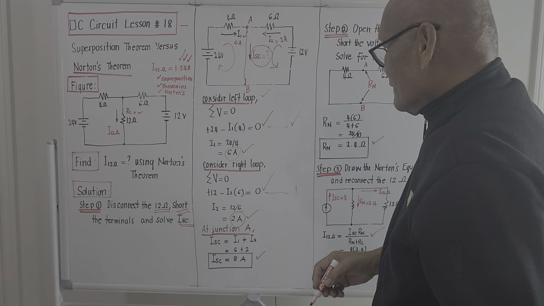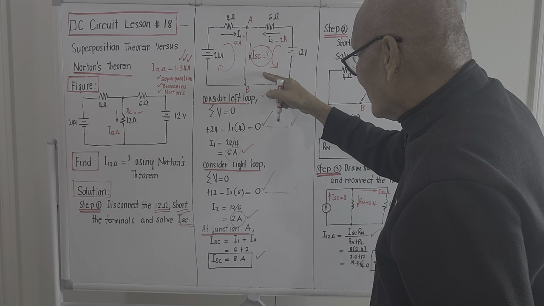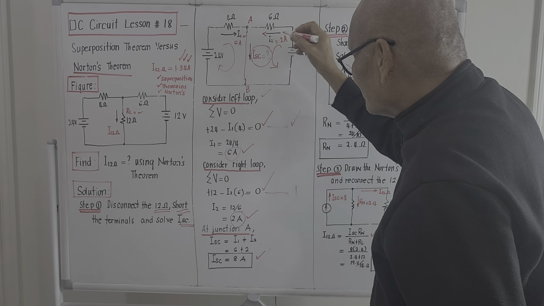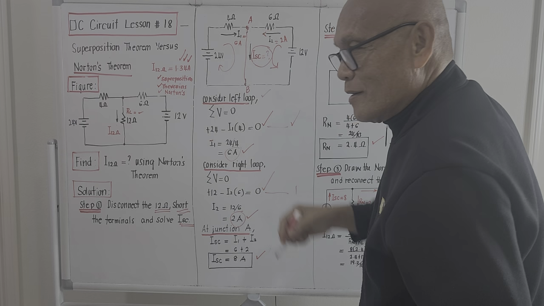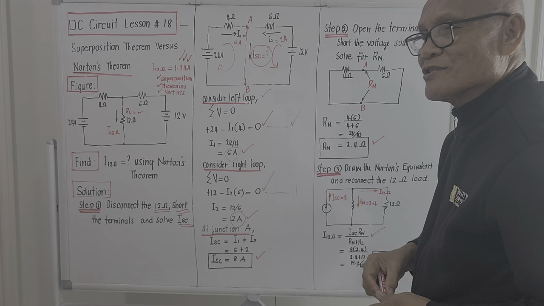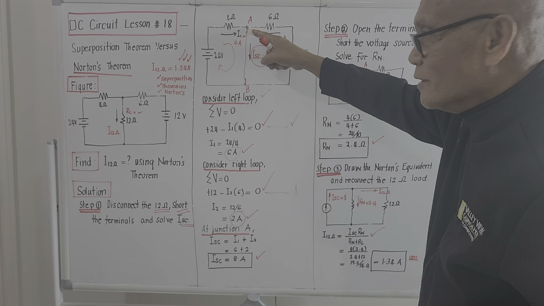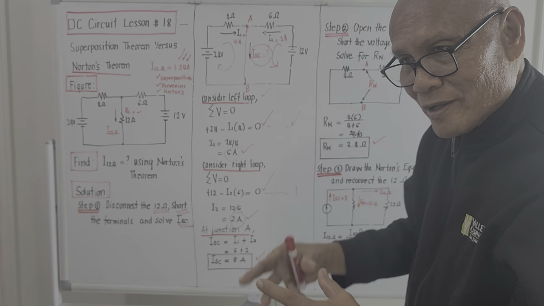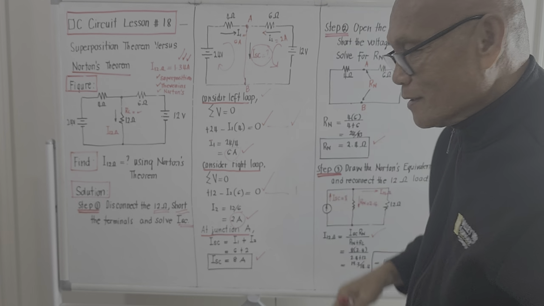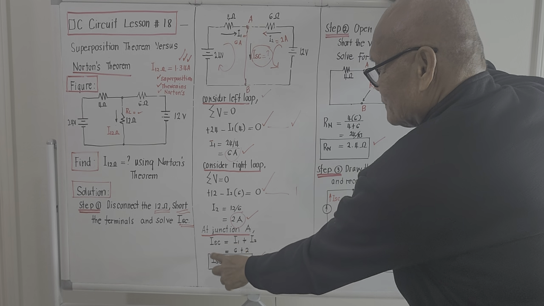So, to compute for the short circuit current, take the summation of the current considering junction A. We are using Kirchhoff's current law. Considering a junction, current entering should be equal to current leaving. The current leaving is I short circuit.